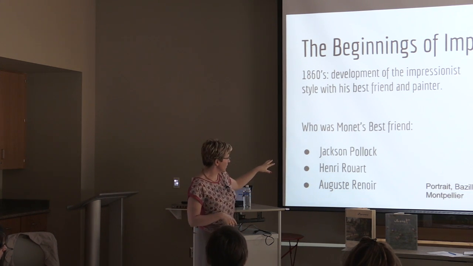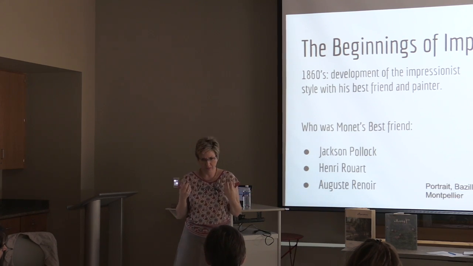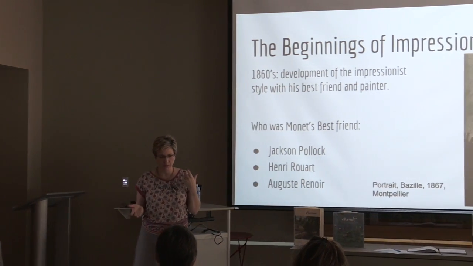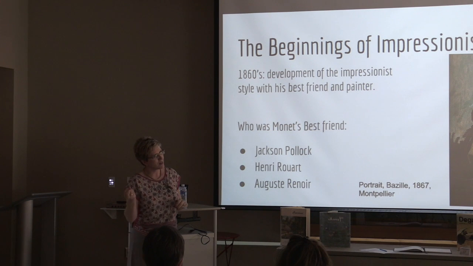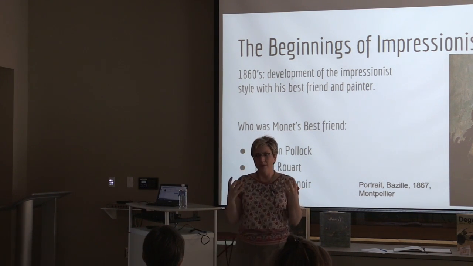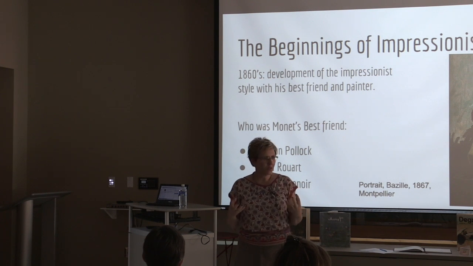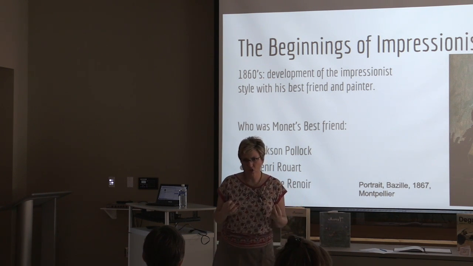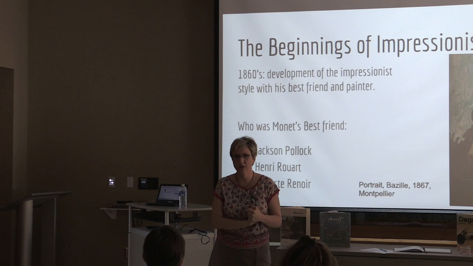I didn't put these two names by mistake. I put Jackson Pollock first because I see a lot of commonalities between Jackson Pollock and Monet. They were both the public image of their movement. If you talk about Impressionism, the first person you're going to talk about is Monet.